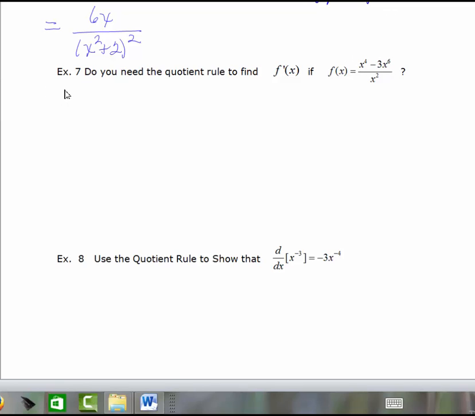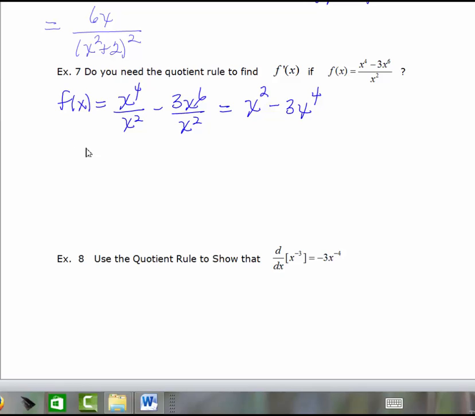I'm not going to take the derivative yet, but I'm going to rewrite this as f of x equals x to the 4th over x squared minus 3x to the 6th over x squared. I'm going to simplify that. f of x equals x squared minus 3x to the 4th.